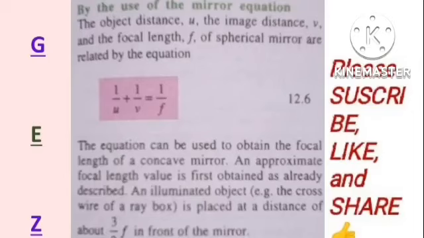Then you plot a graph of the inverse of u against the inverse of v. When you calculate the slope of that graph, the reciprocal of the intercept on each axis will give the value of the focal length. So that's one way of determining the focal length of a spherical mirror.